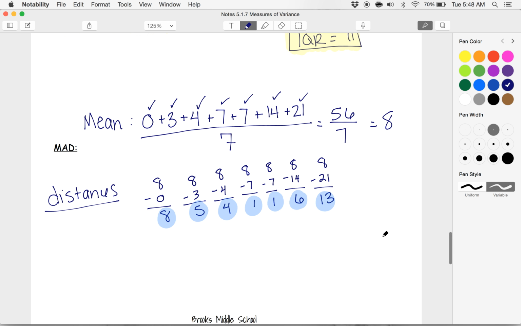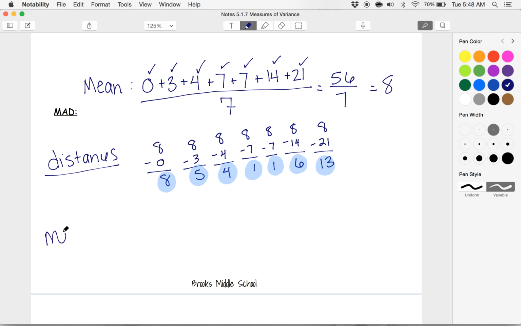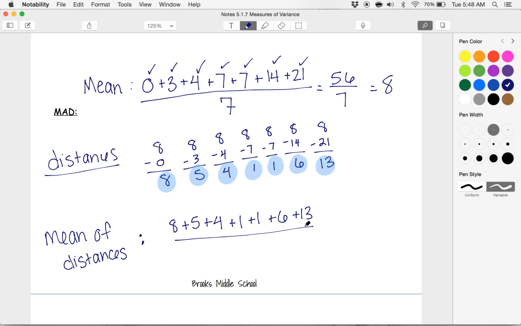And we're going to find the mean of the distances. So I'm going to do 8 plus 5 plus 4 plus 1 plus 1 plus 6 plus 13 divided by 1, 2, 3, 4, 5, 6, 7.